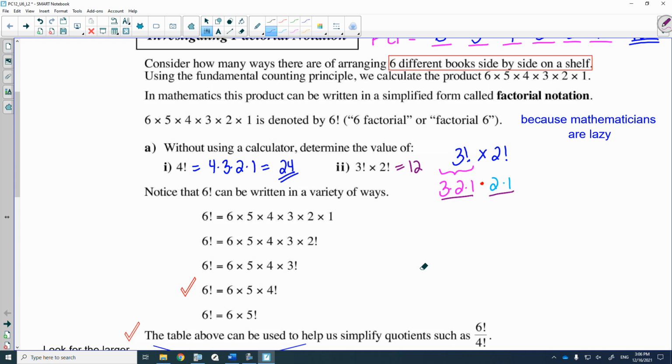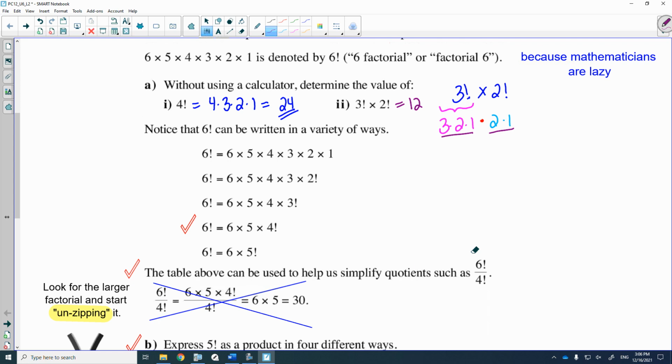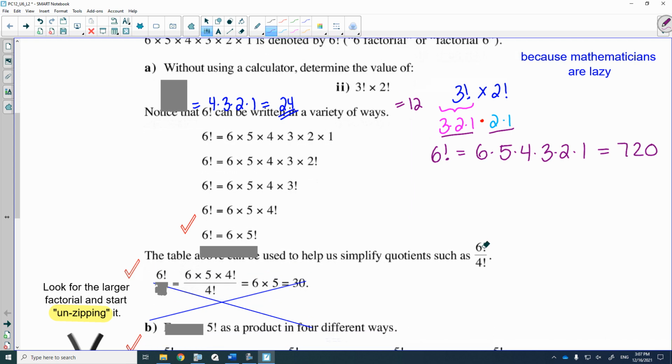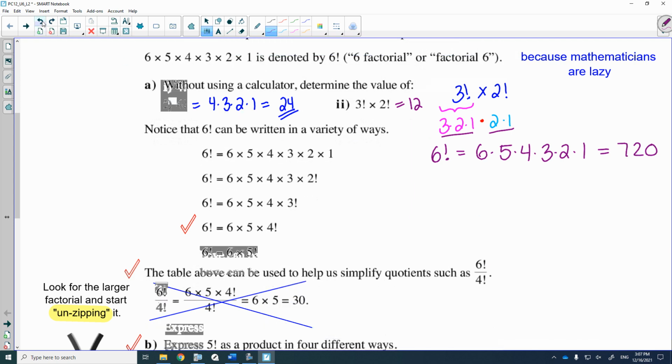What I want you to write here is there's actually going to be different ways that I could represent 6 factorial. So we know, according to the fundamental counting principle, that's going to be 6 times 5 times 4, 3, 2, and 1. And that's going to give us 720 different ways. Another way that I could represent 6 factorial would be as follows. 6 factorial is equal to 6 times 5 times 4 times 3.